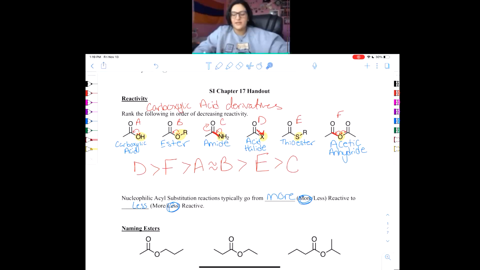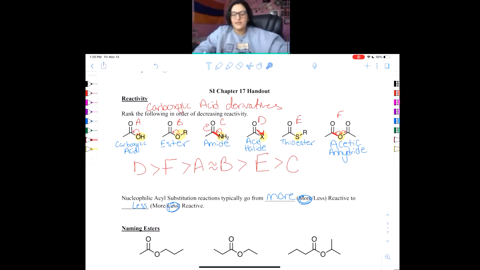We can also rephrase that as, which one of these guys is more stable than a thioester? The amide, exactly. I was going to do another example, but it seems like you guys got the idea.